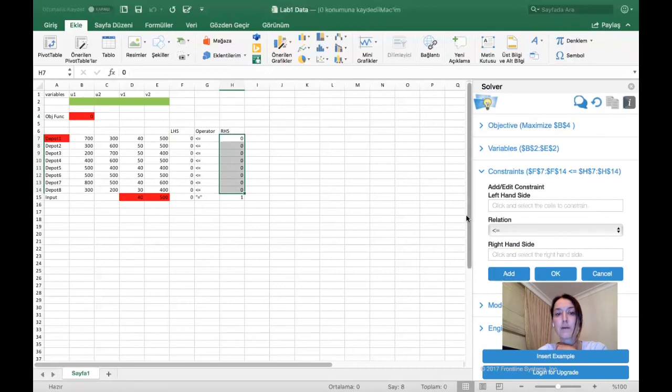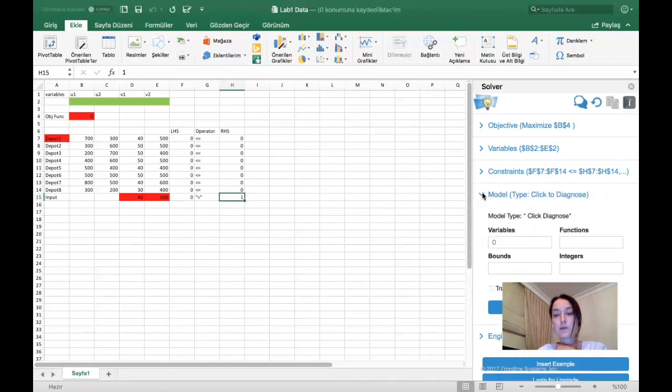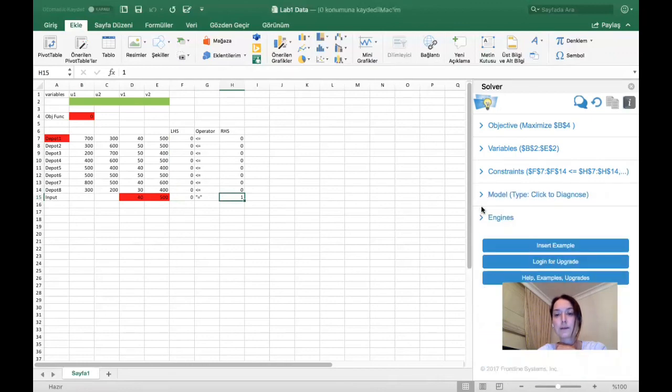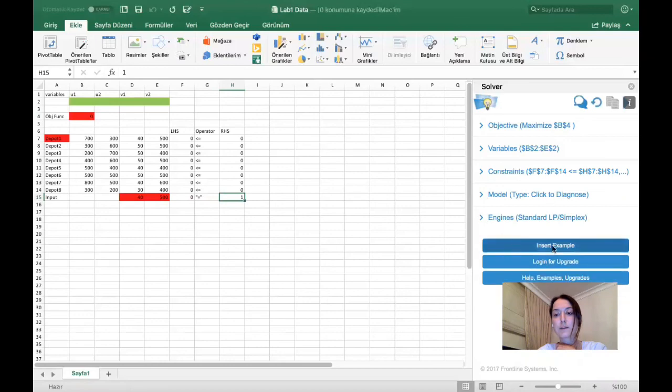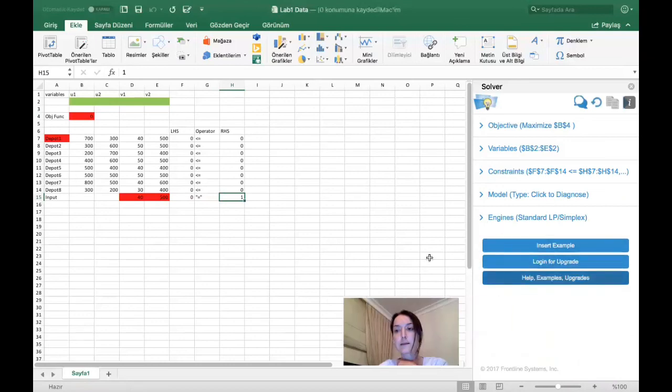Okay, I have one more constraint. It is the input constraint. This should be equality, and the right-hand side is given here. Okay, I don't need to do anything with this tab, and I should select LP as the solver. Next, I can solve the model.